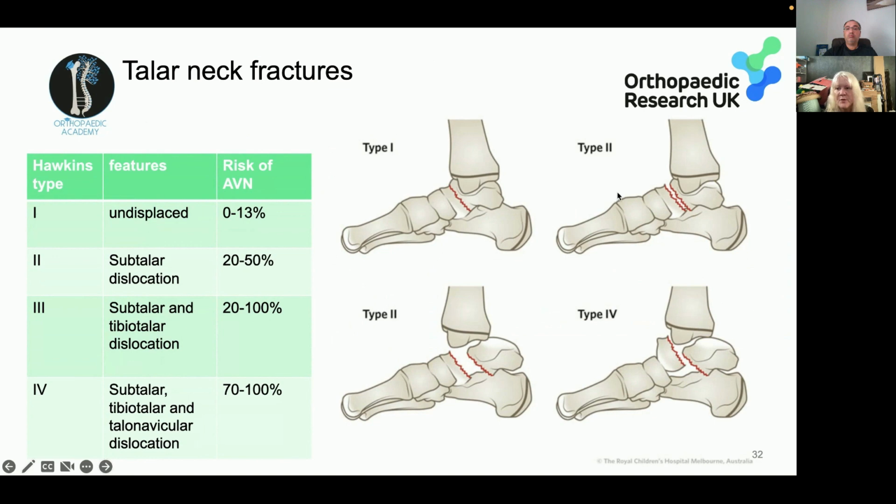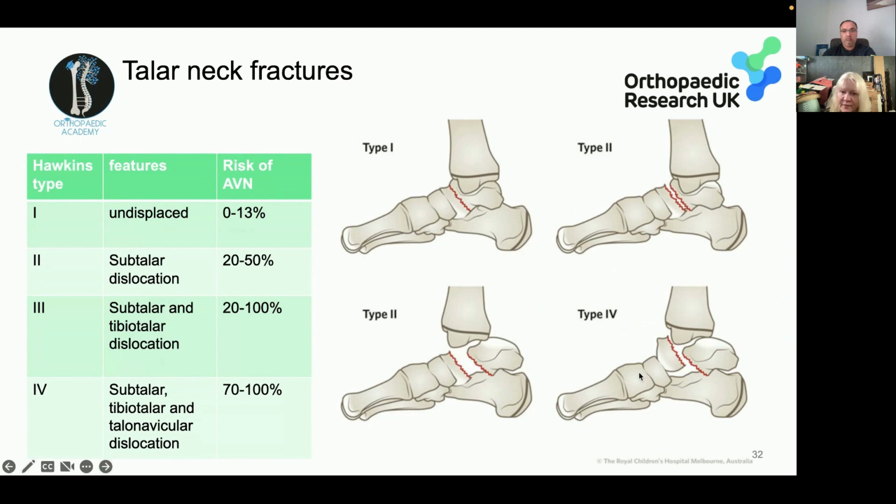A type 2 is where we have a fracture through the neck and the subtalar joint is dislocated, with a slightly higher risk of avascular necrosis. Now we get on to the more exciting ones. The type 3 has got a subtalar and a tibiotalar dislocation. And often with these, this part of the talus ends up either open on the road or at least out the back on the x-rays.